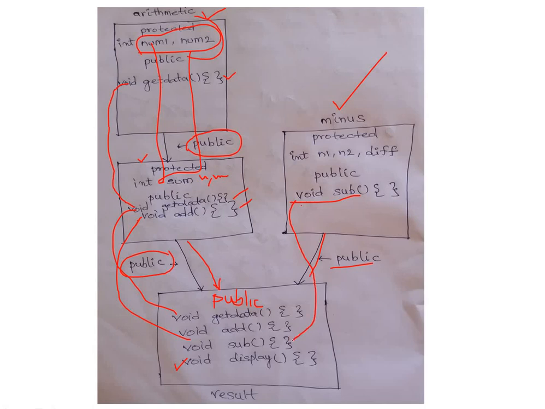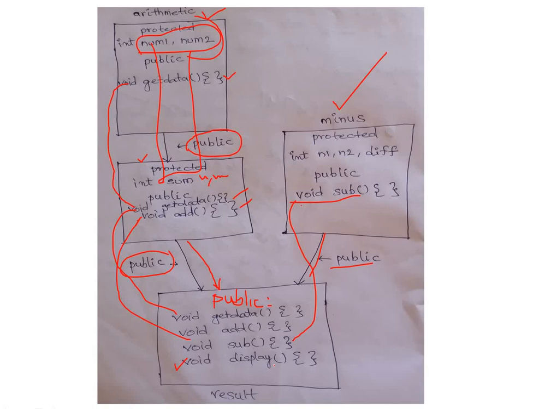Now this is the actual flow of the program. Now let us see the execution. You have to consider here that under the public section of the derived class we have how many member functions: void get data, void add member function, void sub member function, void display member function.